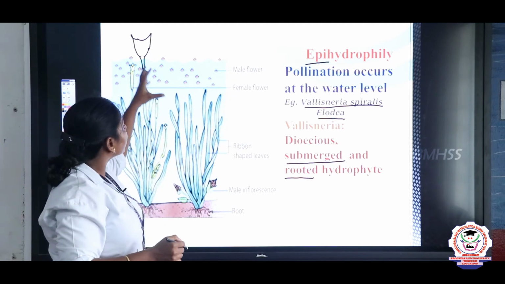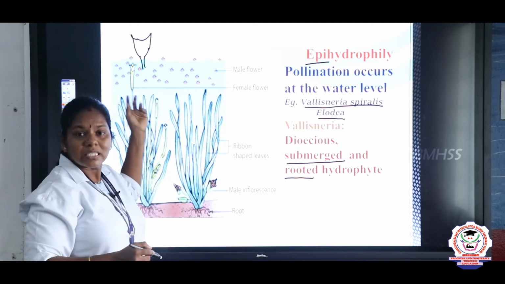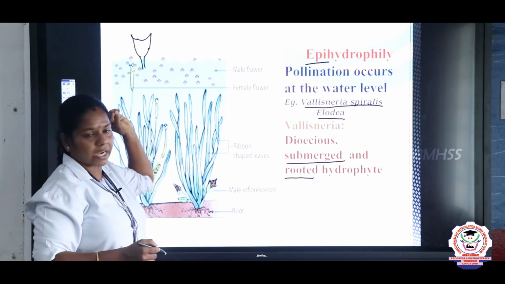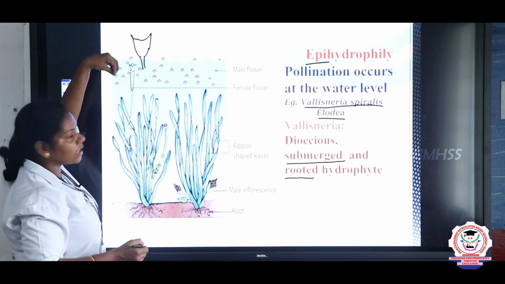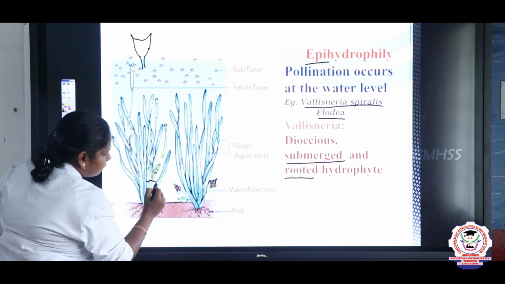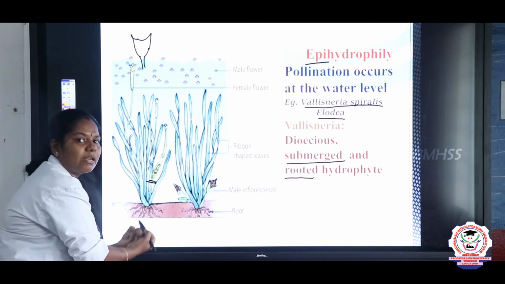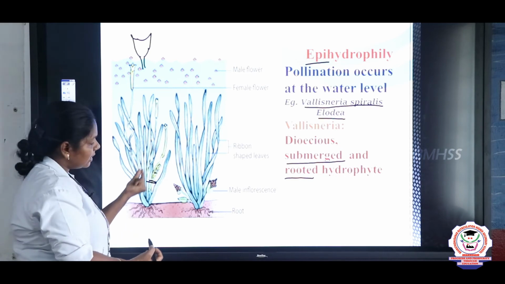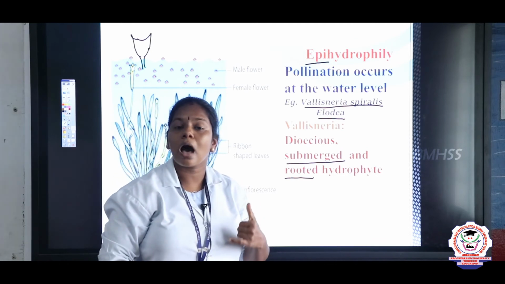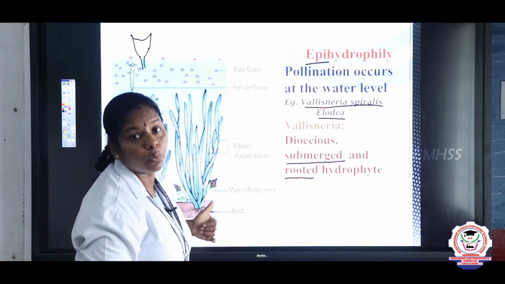And when the pollen grains come in contact with the stigma, they get trapped in the depression. After pollinating, what happens? The female flower coils and brings it downwards under the water, and later it leads to the development of the fruit. So this is how the pollination takes place in Vallisneria.